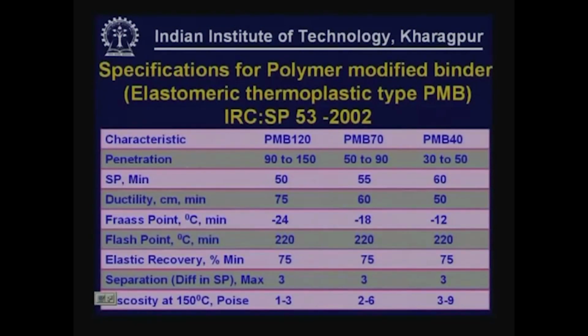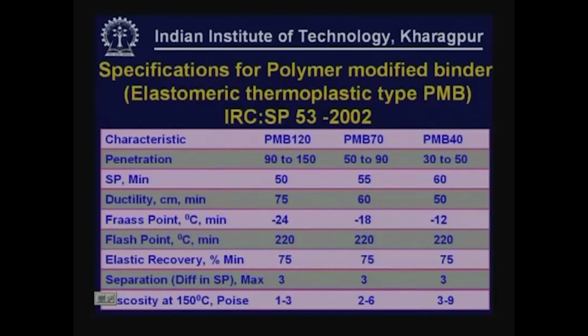Typical specifications for polymer modified binder are given as per IRC SP 53, year 2002. SP indicates special publication. So, this is an IRC special publication, which gives specifications for polymer modified binders, elastomeric thermoplastic type polymer modified binder, that is PMB. There are normally 3 grades of PMBs that we use: PMB 120, PMB 70, PMB 40.